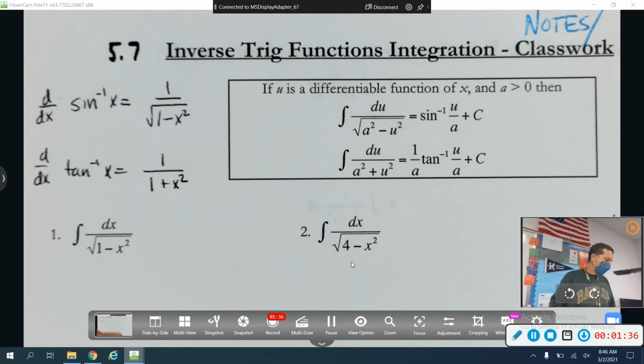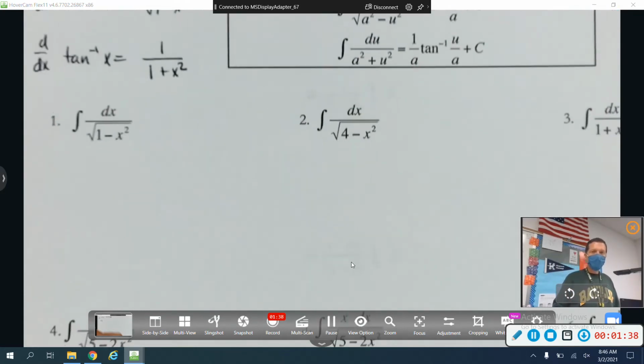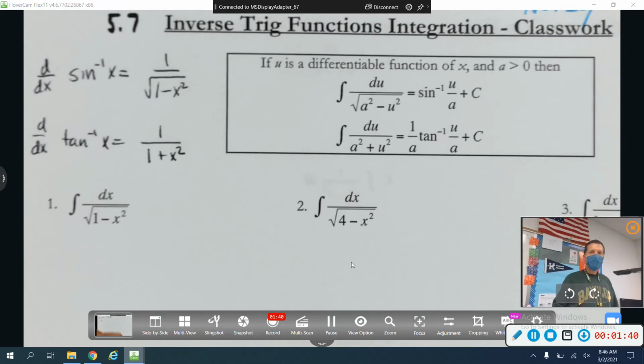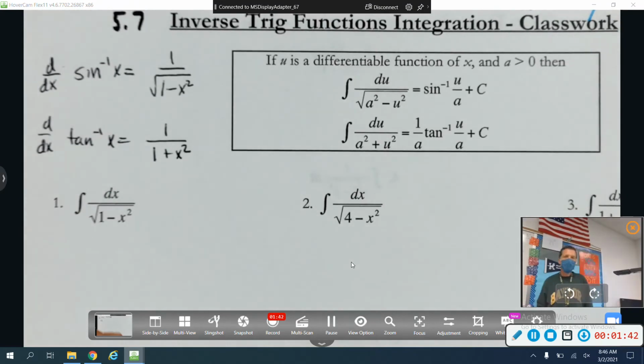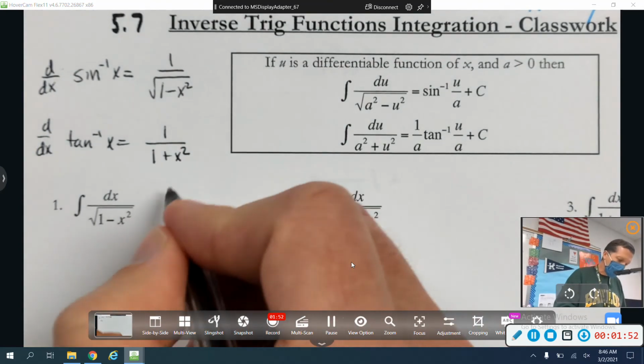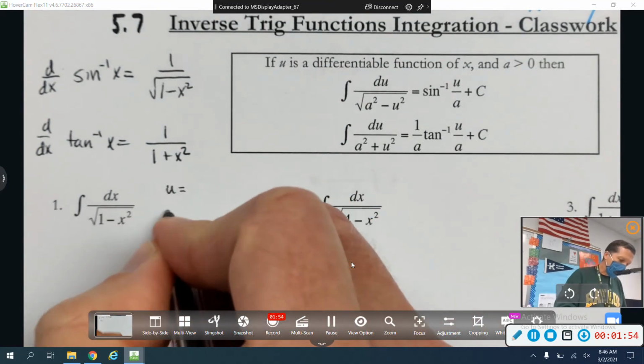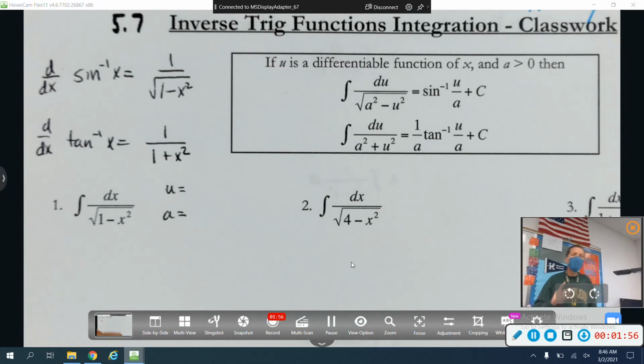All right, I think the easiest thing to do is just start working through them, and we'll see how far we get. So looking at number 1, which one does it look like? Inverse sine or inverse tangent? Inverse sine. It's really not necessary for this one, but on a lot of these, it's helpful to write out what u is and what a is, because then it's easier to follow the pattern.